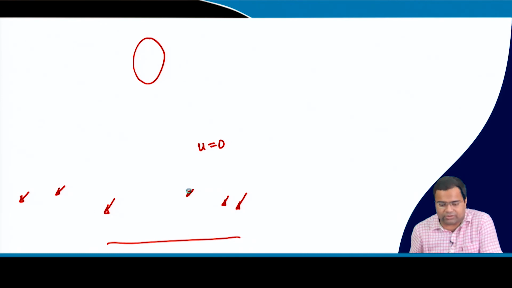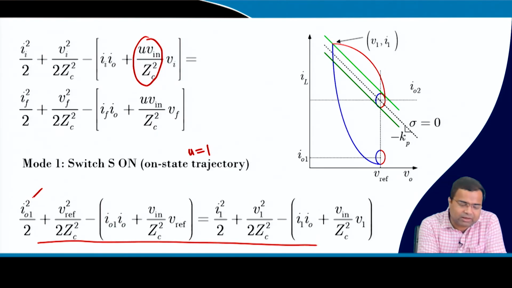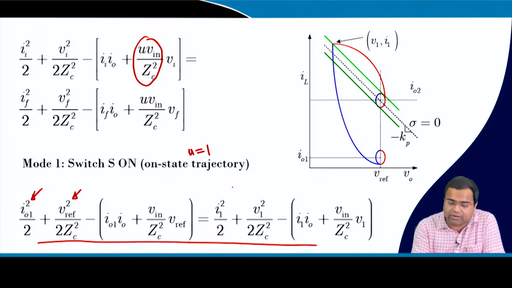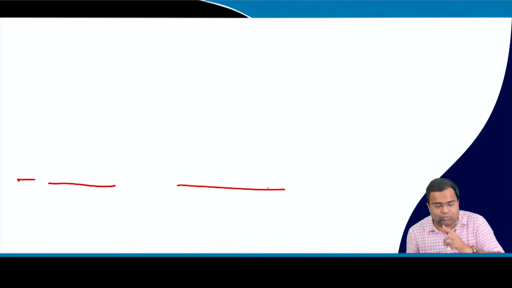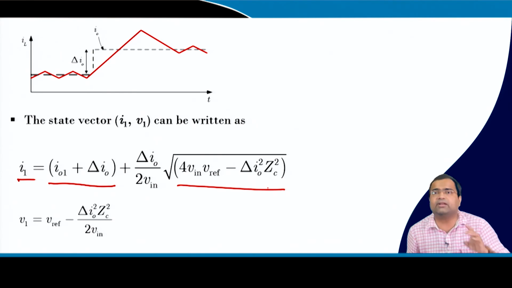And if you go to on state, I01 is the initial state and Vref is the initial voltage. I1 is the final current and V1 is the final voltage. So, in that way you will get two equations, two unknowns, and you can solve for I1 and V1.